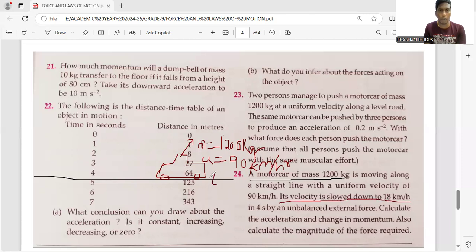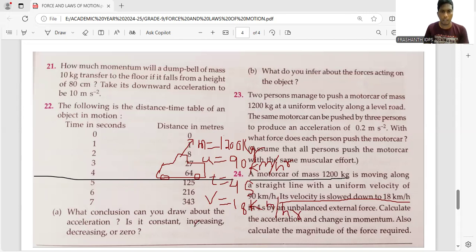It means initially the car is going with 90 kilometer per hour, and after 4 seconds, the velocity slowed down to 18 kilometer per hour.